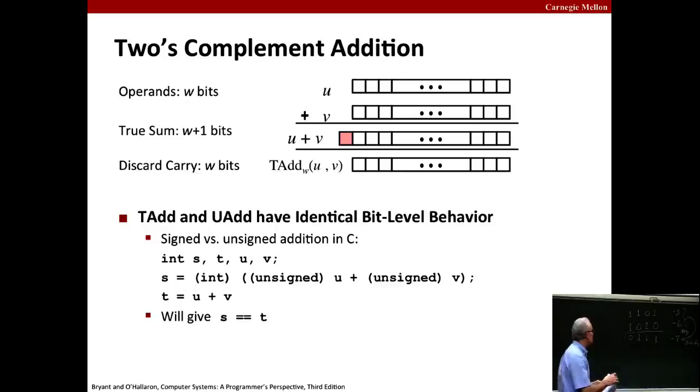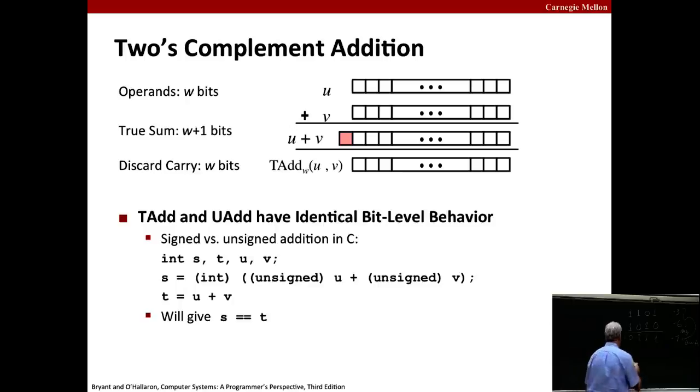And then going the other direction, if we had two large positive numbers, so if we had 7 and 5, we'll get minus 6.